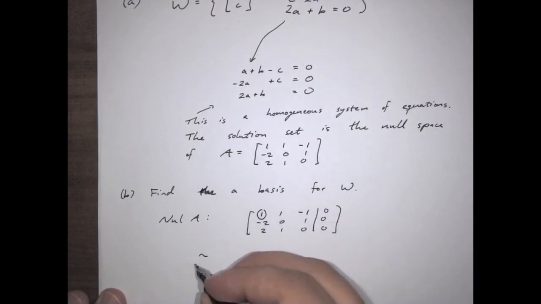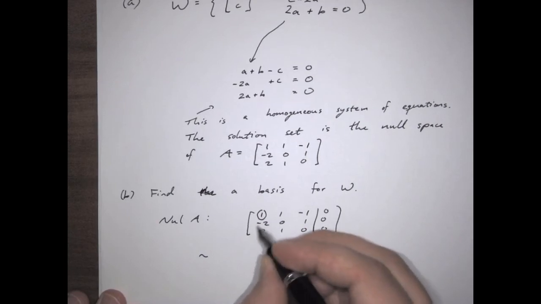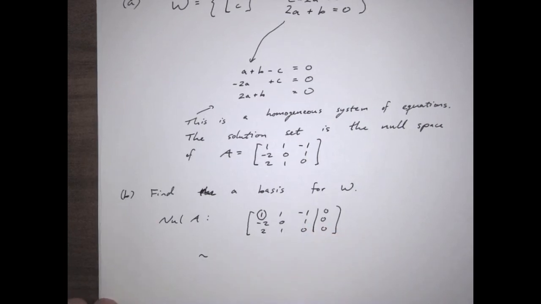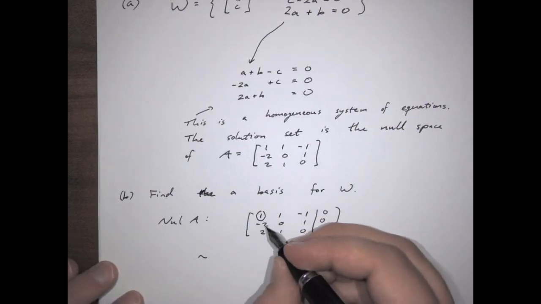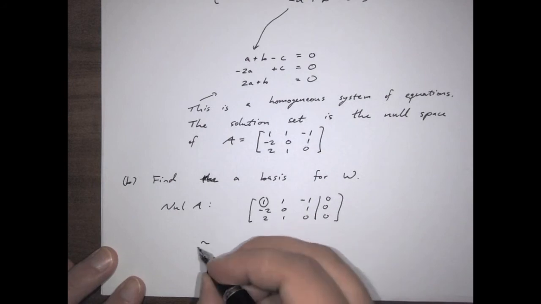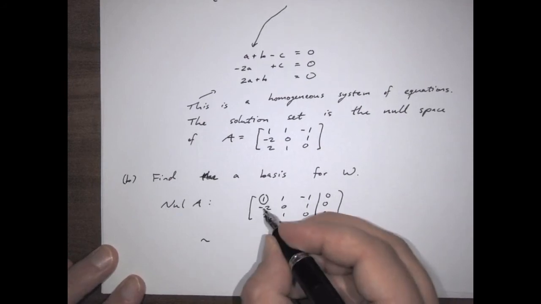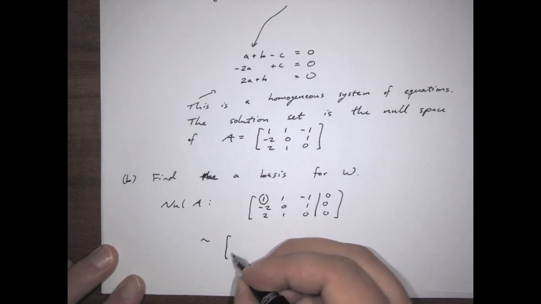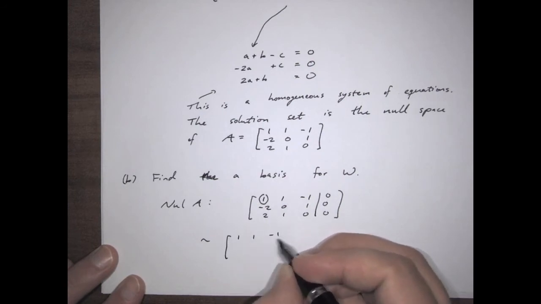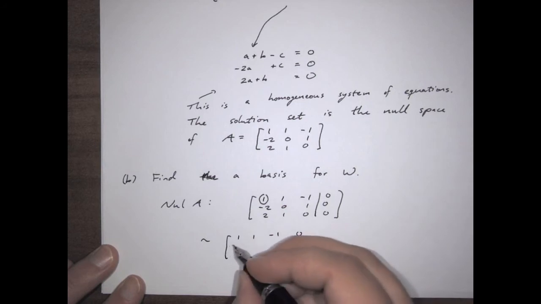So I can clear out row 2 and row 3 just using that pivot. Some of you like to get fancy and add things here and there, and that's fine, no harm in that, but it's not really necessary to get too creative. You can just use a pivot like a hammer. So I'm going to use row 1. I'm going to do 2 times row 1 plus row 2, and that gives me 0, 1, negative 1, 0.